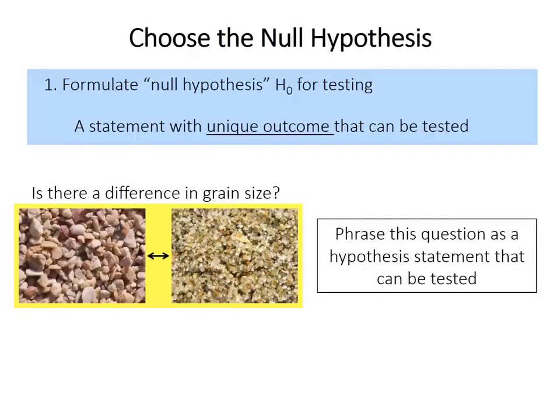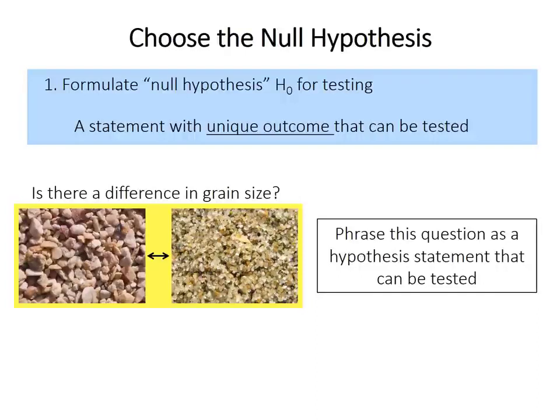This type of statistics, null hypothesis significance testing, is built around attempting to reject a null hypothesis. So the first step is to formulate that null hypothesis. It's often referred to as H naught, H sub 0. A good null hypothesis is a statement that must have a single unique outcome that can be tested.